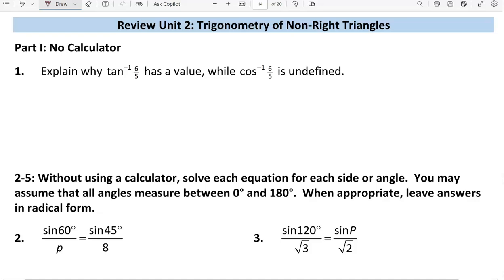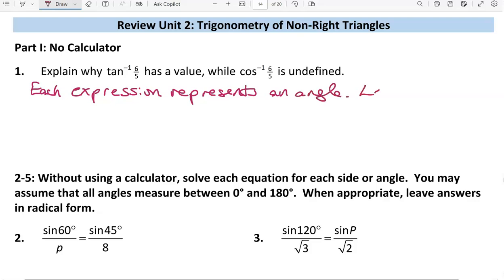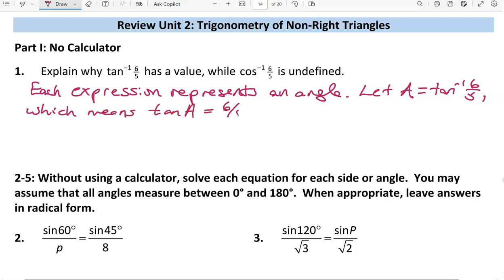So what we need to understand here is that each expression represents an angle. Let's let angle A equal the tangent inverse of 6/5, which means tangent of angle A is equal to 6/5.